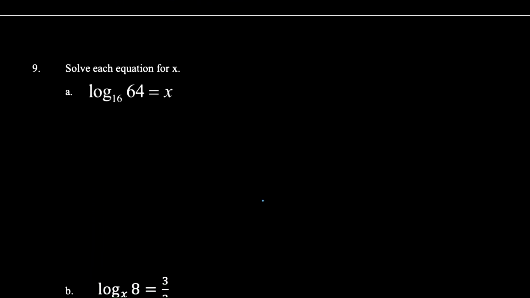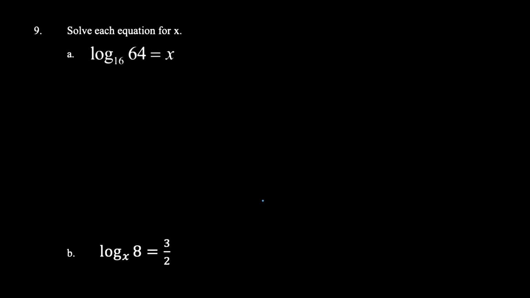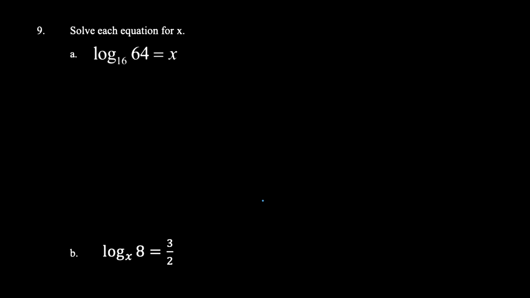Now we're going to move on to simple equations. These are very similar to what we did earlier because we're basically involving the log loop. So we see that we have 16 as our base, and we're going to raise that to the x. So 16 to the x is going to equal the argument, which is 64. And again, let's reduce this to bases.